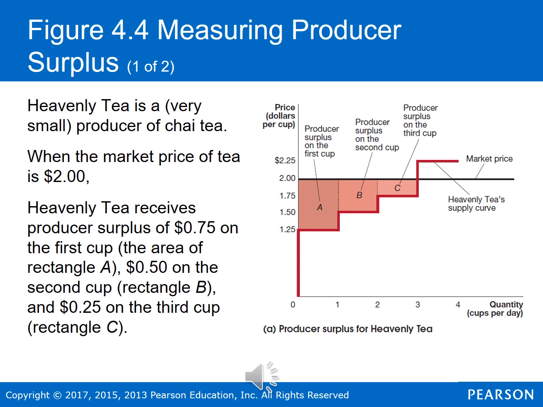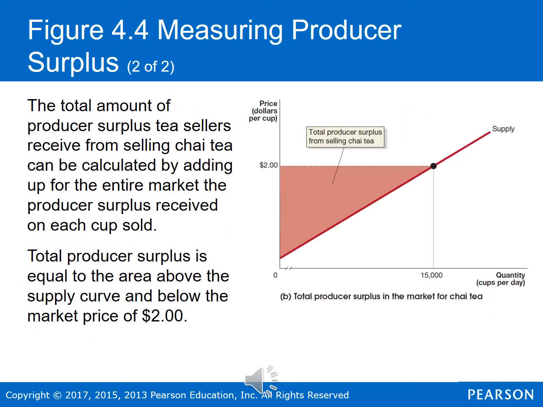So the producer surplus is the difference between the price that firms receive for the goods or services that they sell and the marginal cost curve, or the lowest price that they're willing to accept for a good or service. Again, in a normal market where we're selling more than just 4 cups of tea, we're going to see a straight supply curve like we do in most of the markets that we've looked at so far.